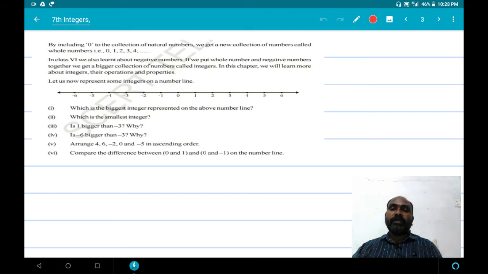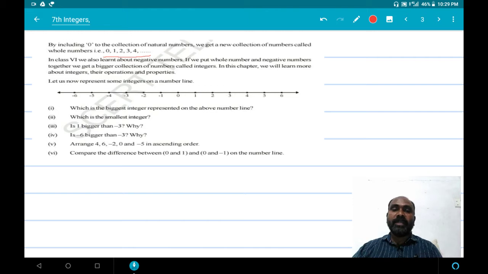Next one. By including 0 to the collection of natural numbers, we get a new collection of numbers called whole numbers. That is 0, 1, 2, 3, 4, etc. In class 6, we also learnt about negative numbers. If we put whole numbers and negative numbers together, we get a bigger collection of numbers called integers.